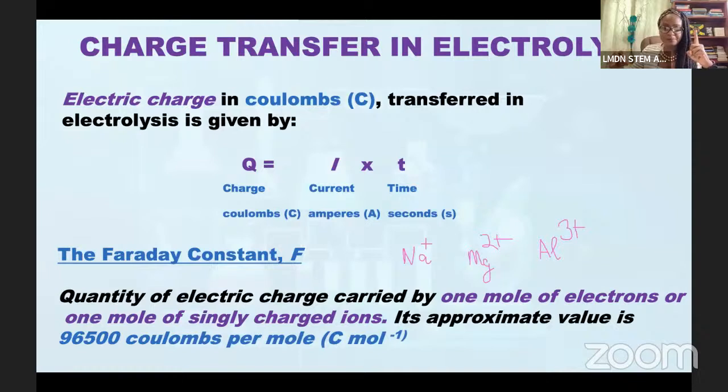For that to take place, we would need 96,500 coulombs per mole, right? So that's 1 mole of single charge. If it's a doubly charged ion like magnesium, we would need 2 times that amount, because the basis is 1 mole of singly charged ions. So just keep that in mind.